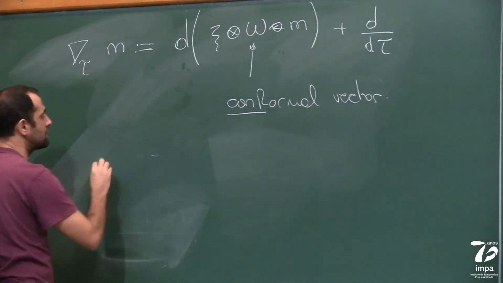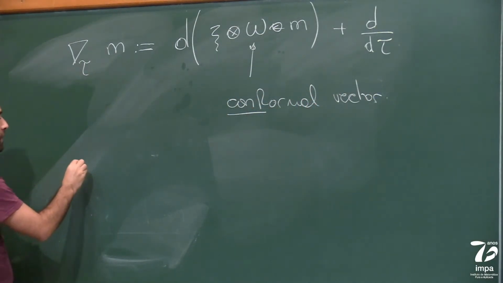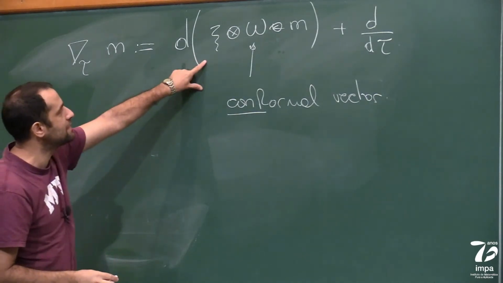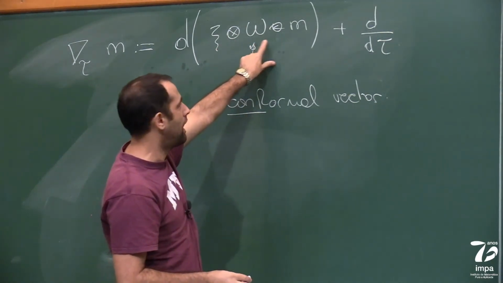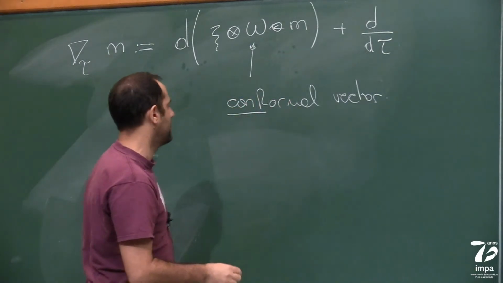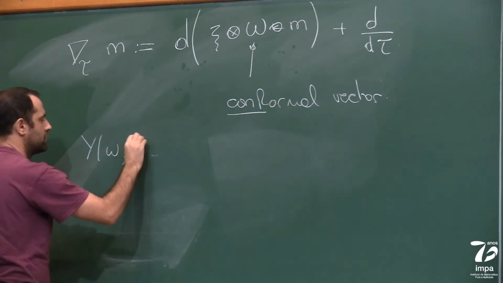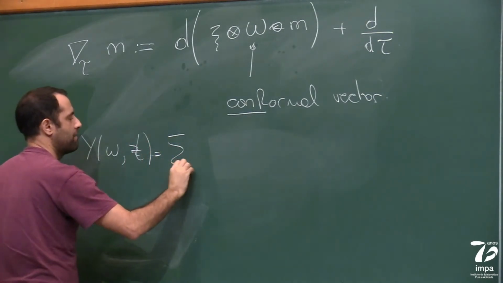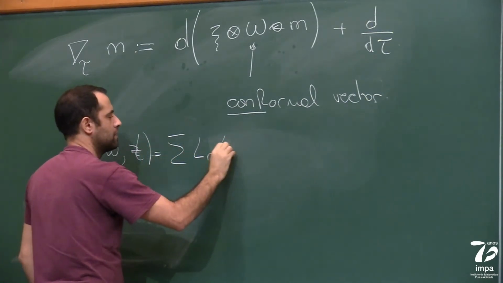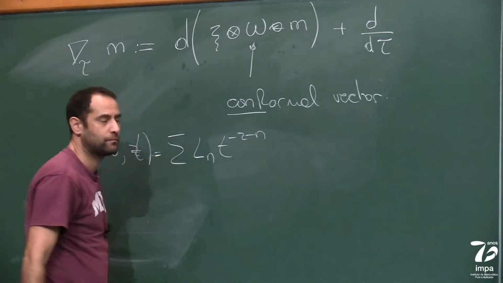And this is explicit. This has the following form. So I need to take the residue of the zeta function, the conformal vector, applied to M. And remember, the conformal vector T is the sum of L n t to the minus 2 minus n.